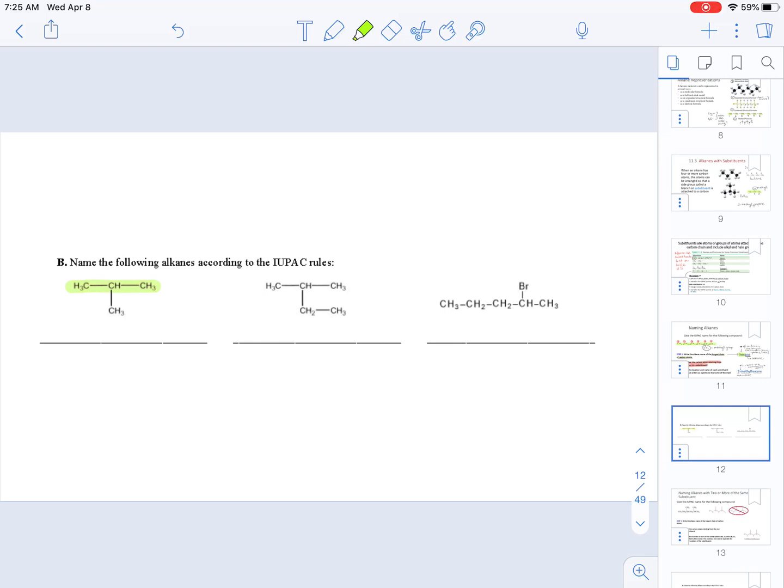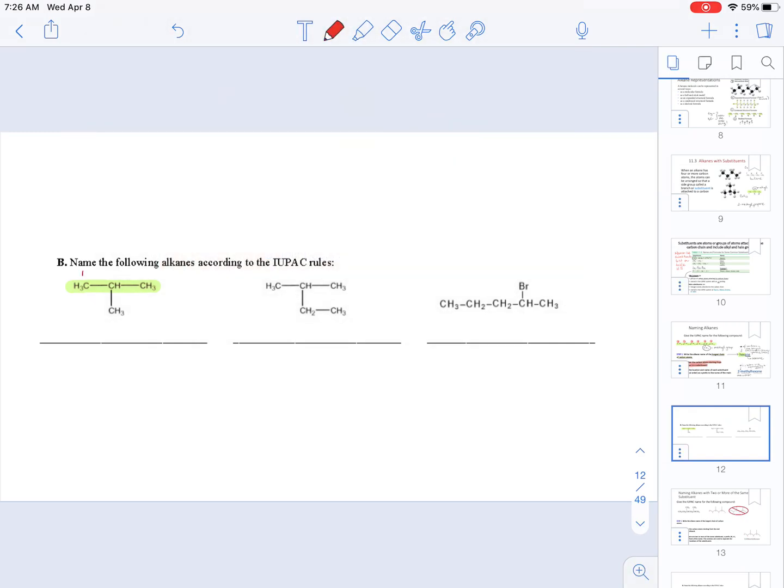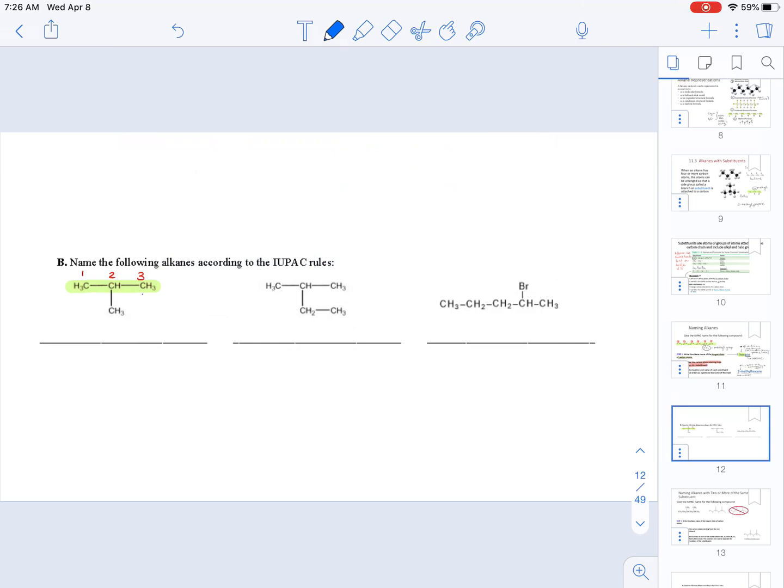If we number this, it doesn't matter if we number it right to left or left to right, it's always going to have that methyl group on carbon 2. Let me illustrate that. If I number this 1, 2, and 3 from left to right, and now I number it from right to left, 1, 2, and 3, regardless, the methyl group is located at carbon 2, so I can number it either way.